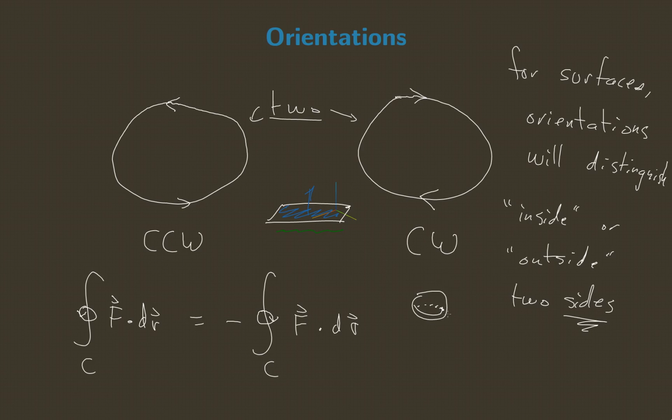If you're holding a spherical object, you probably care about the outside of the sphere. But if you're dealing with a problem in a spherical chamber, then you're more interested in the inside. So an orientation gives us a way to distinguish two sides. Because remember, a mathematical surface is infinitely thin. It doesn't even really have a concept of two sides. So that's what the concept of orientation is providing.